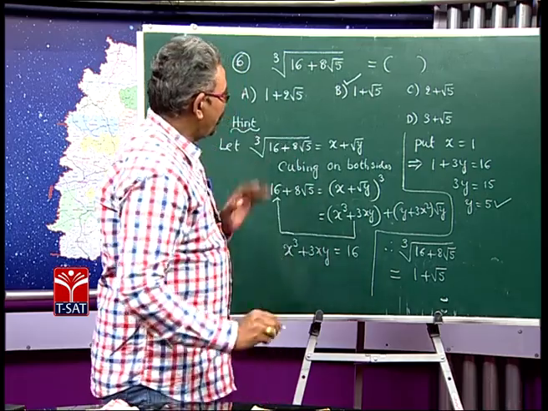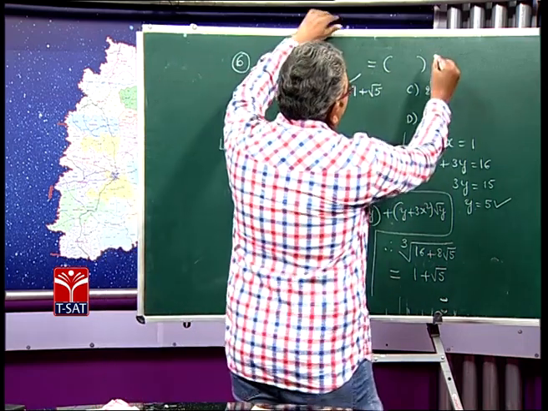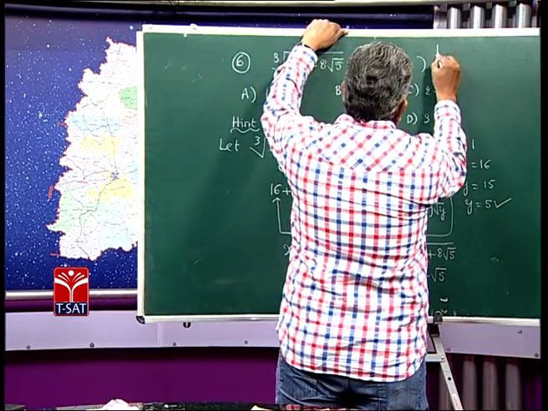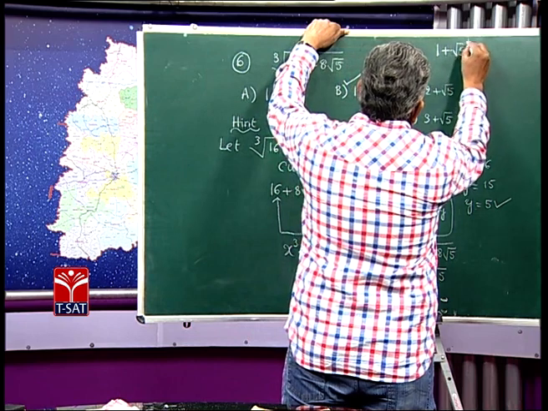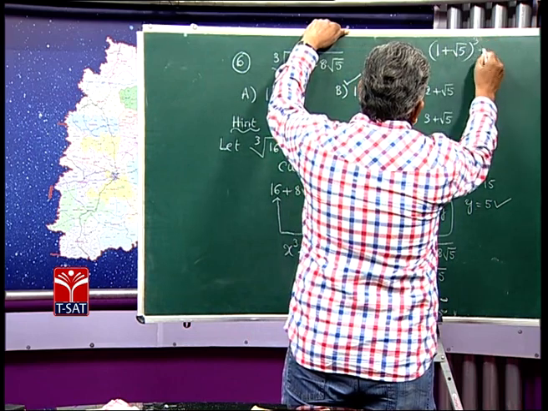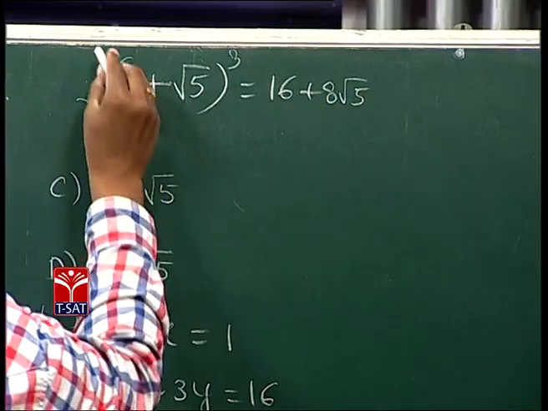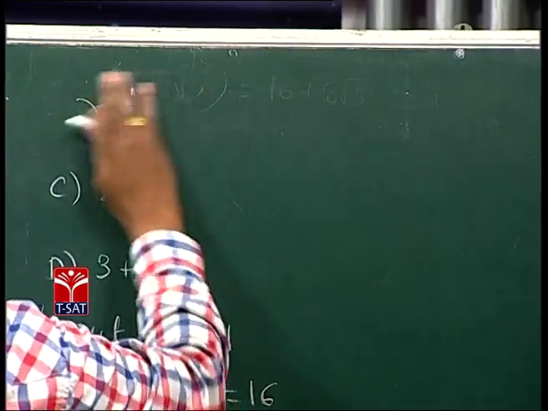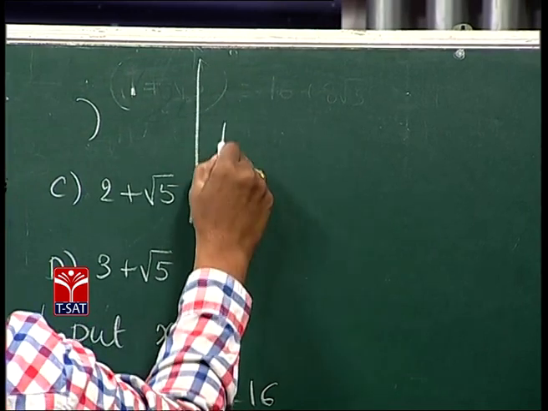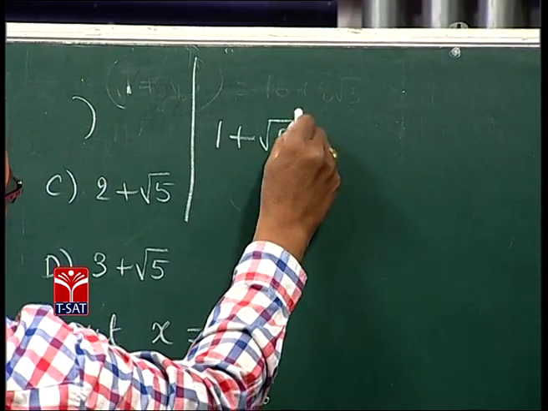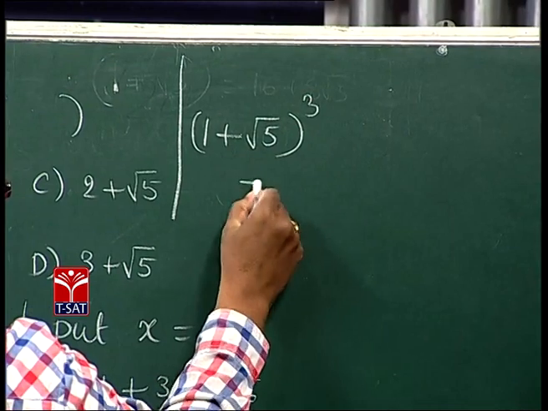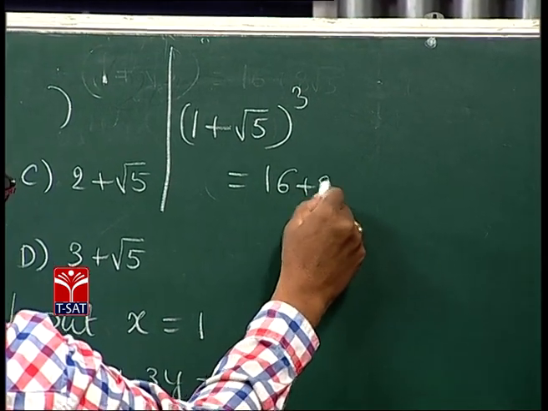So, now hereafter we can remember like this: 1 plus root 5 whole cube is equal to 16 plus 8 root 5.